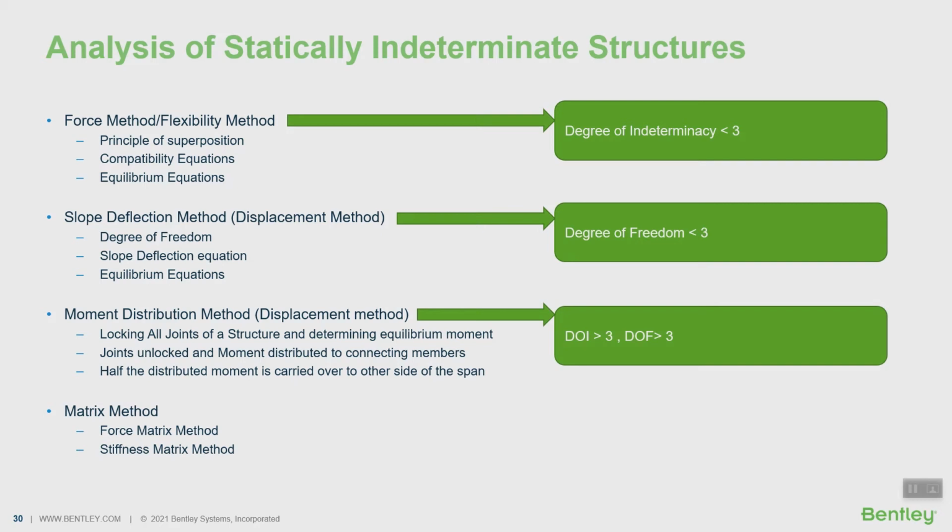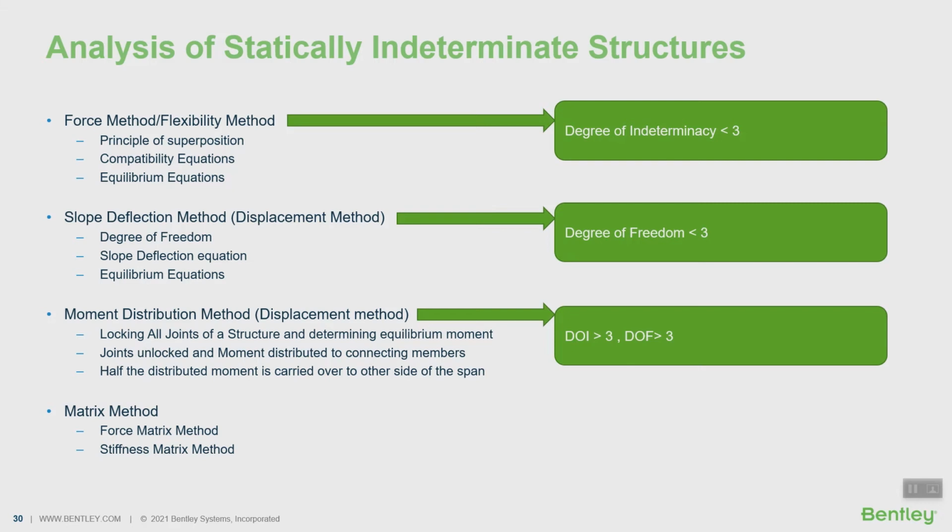With the moment distribution method, equilibrium moment is determined at a locked joint, which is then distributed to the connecting members. A portion of this distributed moment is carried over to the other side of the span. This series of approximations or iterations is continued until the carryover moments become acceptably small, and in that case, the iterations will conclude.